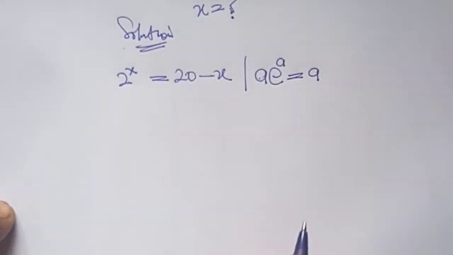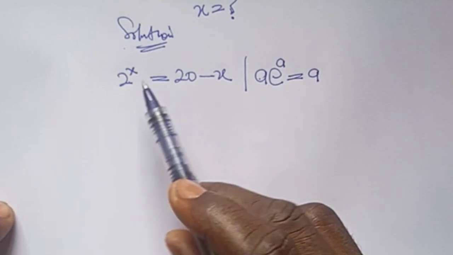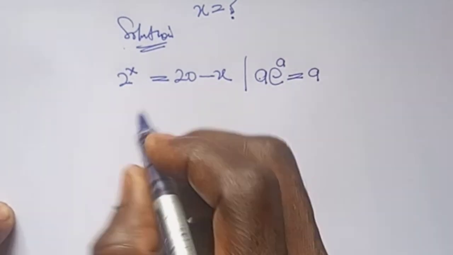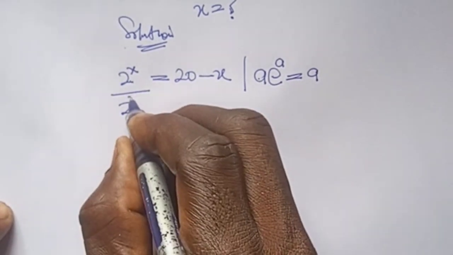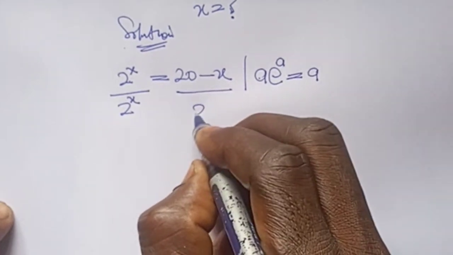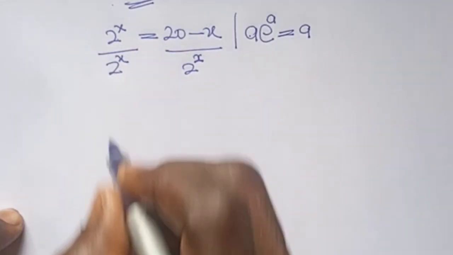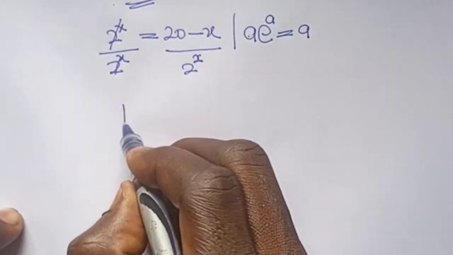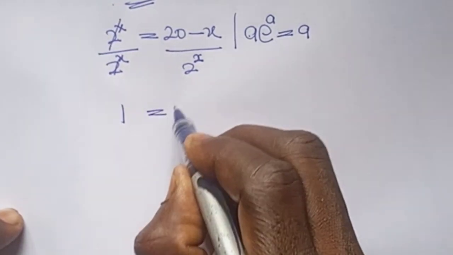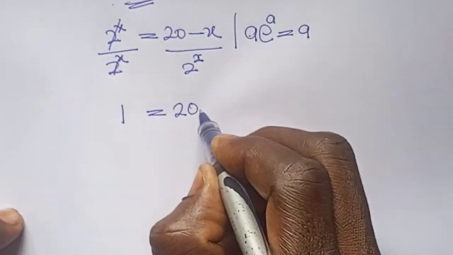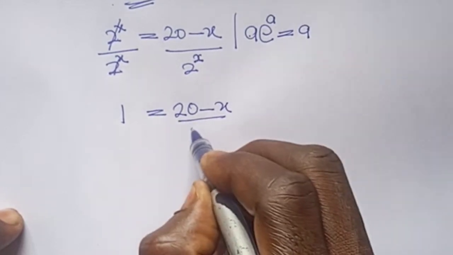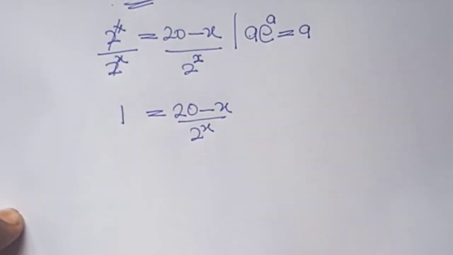To do this, we are first going to divide both sides by 2 to the power of x. That is, divide by 2 to the power of x over 2 to the power of x. So 2 to the power of x will cancel out. What is left is 1 equals 20 minus x all over 2 to the power of x.